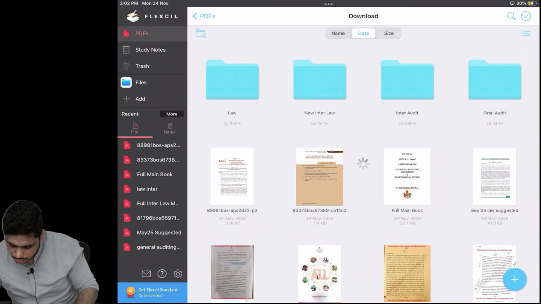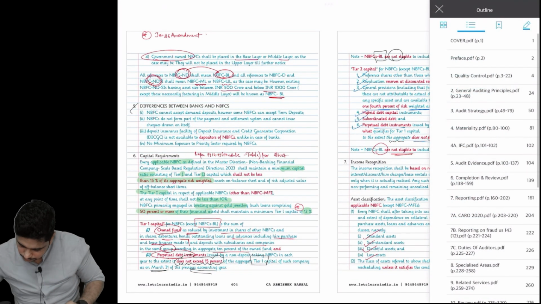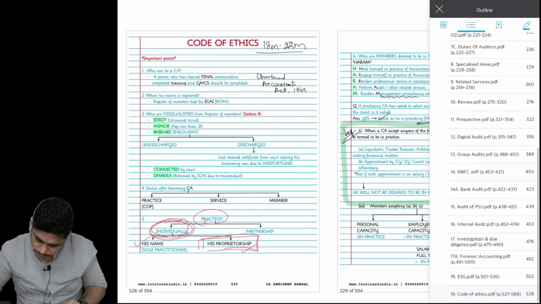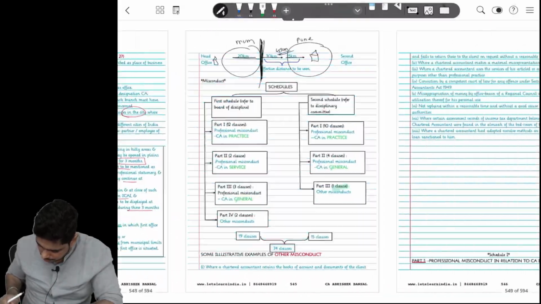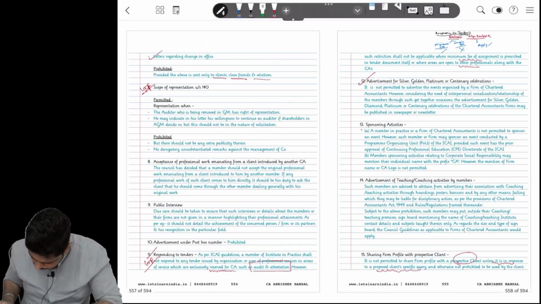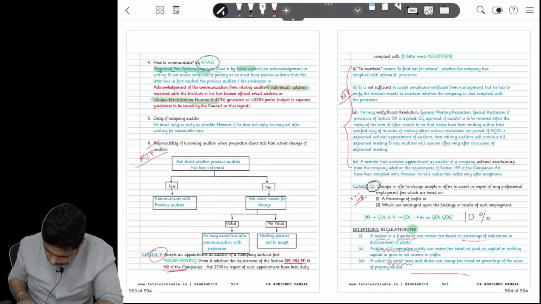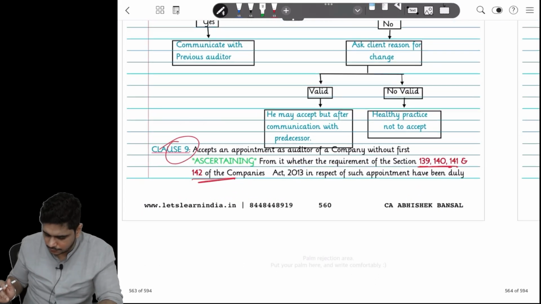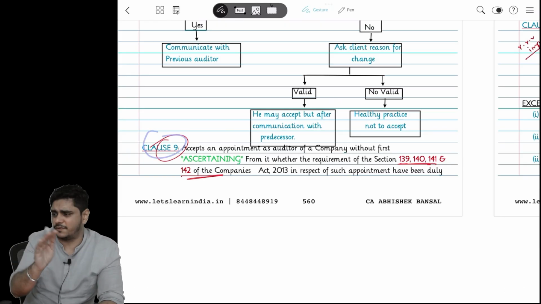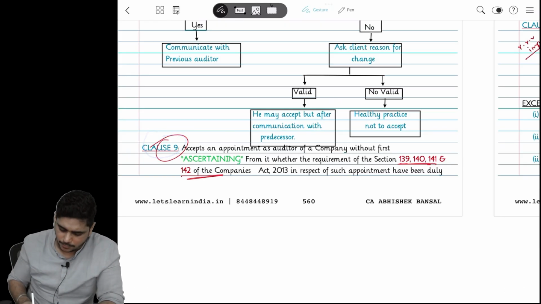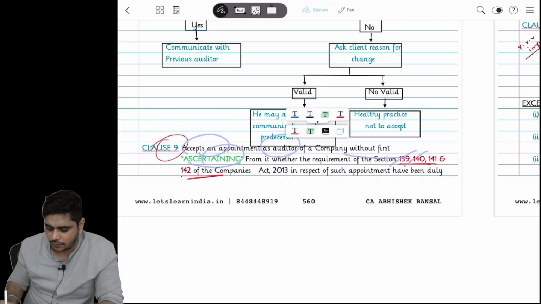Go to the main book, come to Clause number 9, professional ethics chapter. That would be around page number 560, clause number 9, maybe 560, 561. It says: accepts an appointment as an auditor of a company without first ascertaining from him the requirements of sections 139, 140, 141.